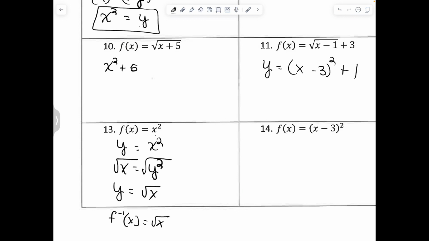If we do the same thing here, we get y is equal to x minus 3 squared. We're going to exchange x and y, and then to get y by itself, we're going to take the square root of x.